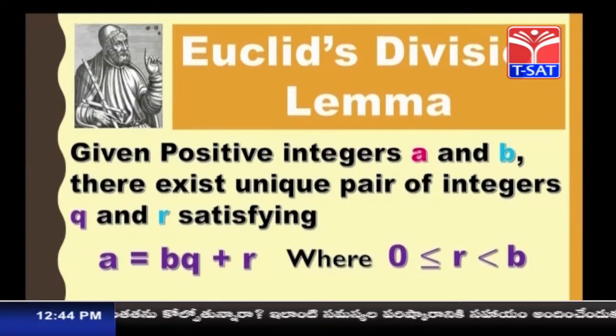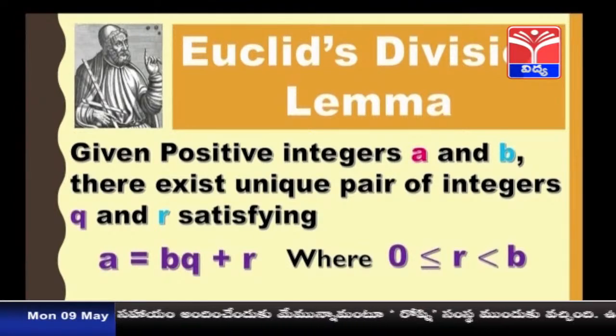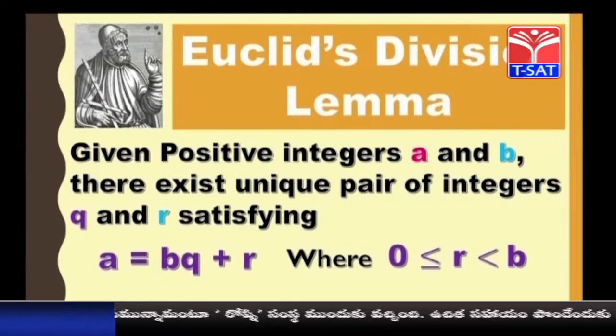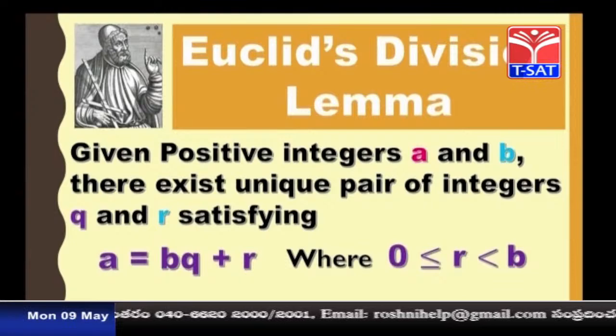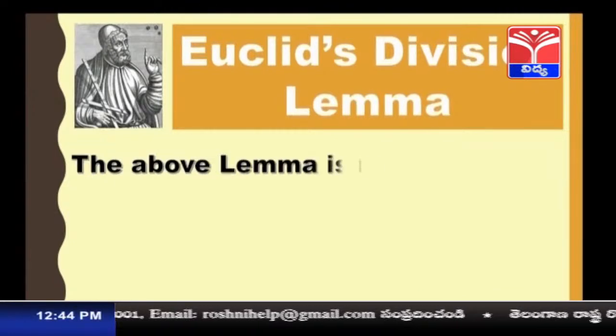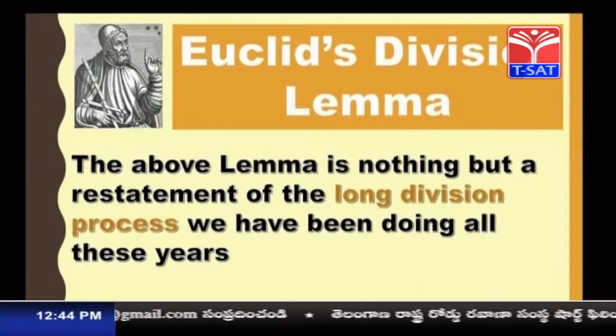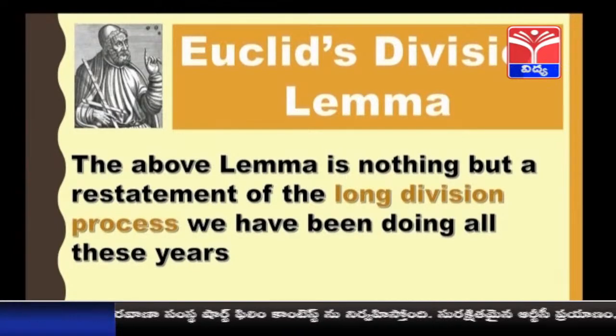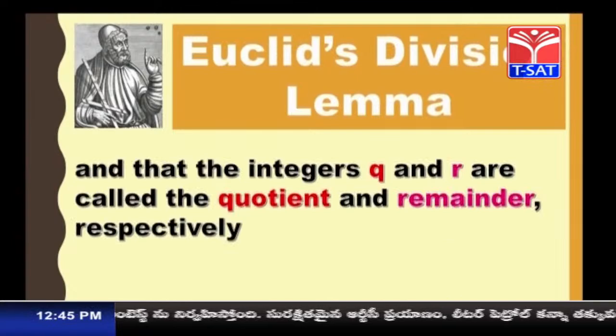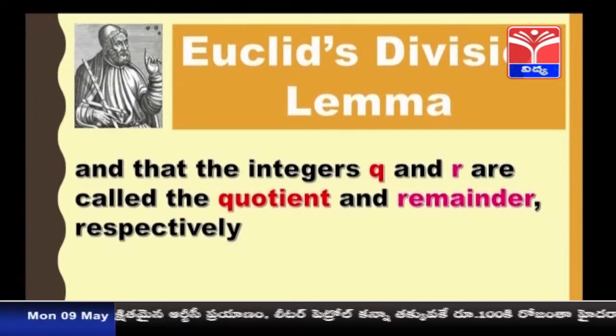So what is the Euclid division lemma? Given positive integers a and b, there exists a unique pair of integers q and r satisfying a is equal to bq plus r, where 0 less than or equal to r less than b. The above lemma is nothing but a restatement of the long division process we have been doing all these years, and the integers q and r are called quotient and remainder.